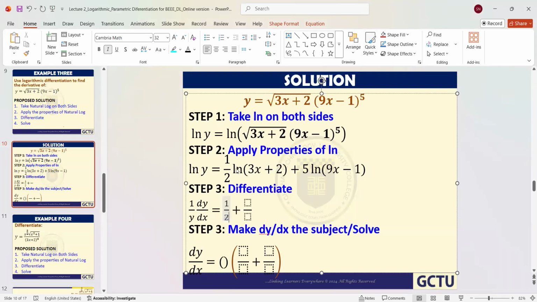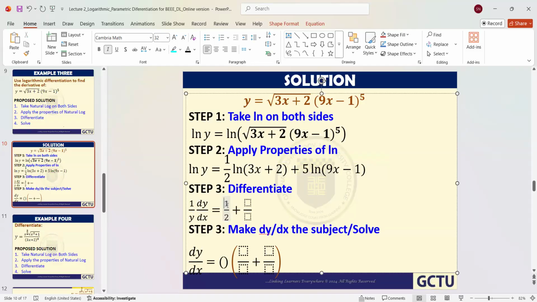Now, remember that if you are differentiating the natural log of a function, the numerator, you differentiate the function itself. So if you differentiate the numerator, 3x plus 2, what will it give us? 3. It will give us 3.